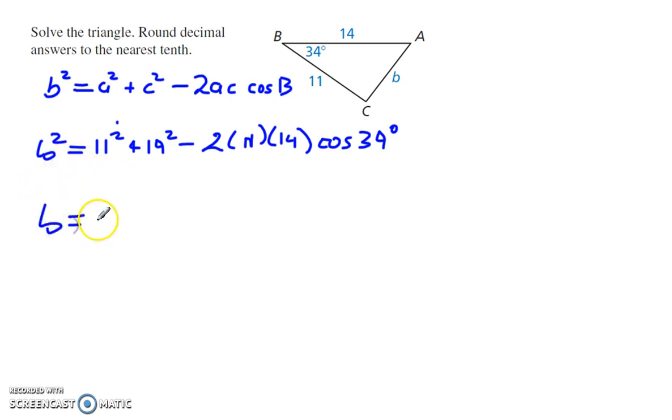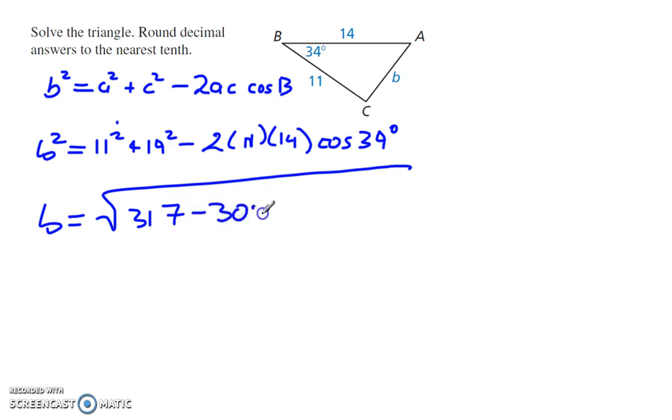All right, so we can evaluate this and find the square root. B is equal to the square root of all this. That's 317 minus 308 cosine 34. Now that comes out to be approximately, they said round to the nearest tenth, 7.9.